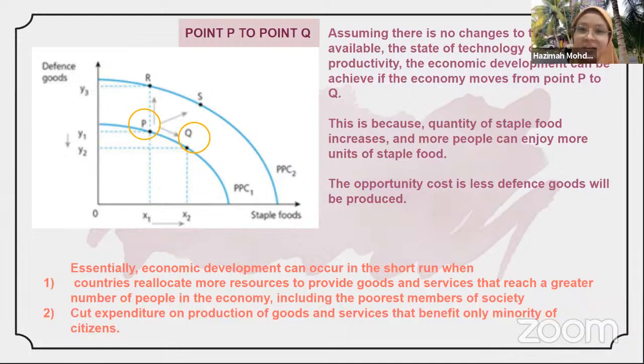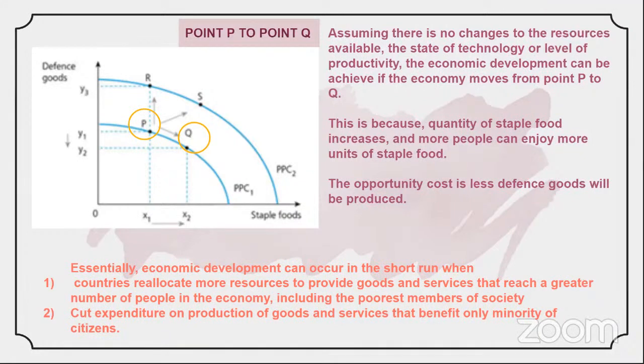Faham tak? Kenapa dia tak ada economic growth tapi dia ada economic development? Jima nak tanya boleh? Okay, boleh? Kalau what happen kalau Q tu pergi ke P, then what do we call it?